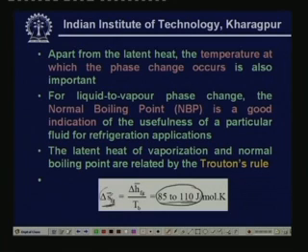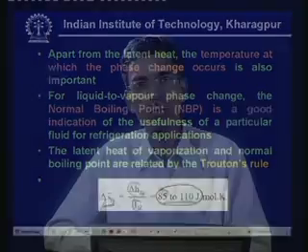Using your thermodynamic relations, we can write delta S fg as delta H fg divided by T B, where T B is the normal boiling point and delta H fg is the molar enthalpy of vaporization at normal boiling point. So Trouton's rule says that the ratio of the molar latent heat of vaporization at normal boiling point divided by the normal boiling point in Kelvin is constant for most of the fluids.